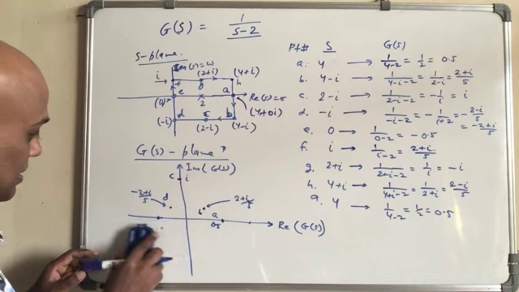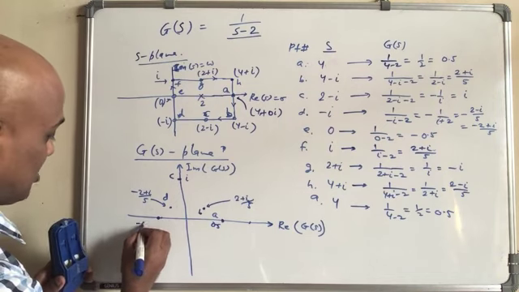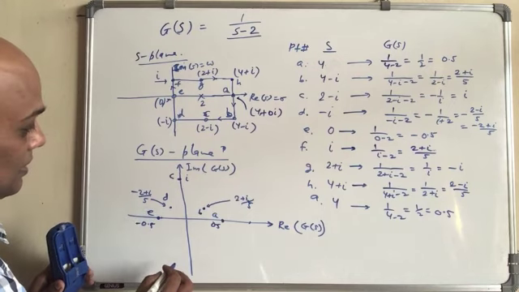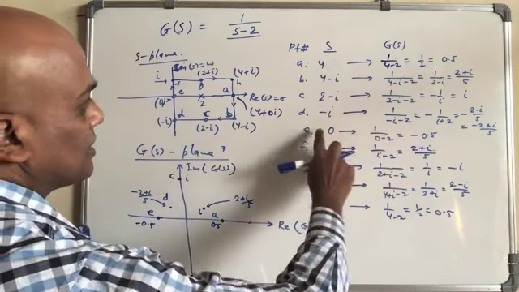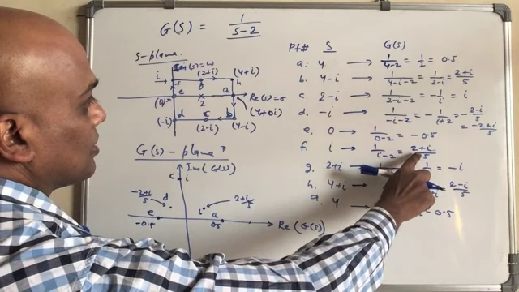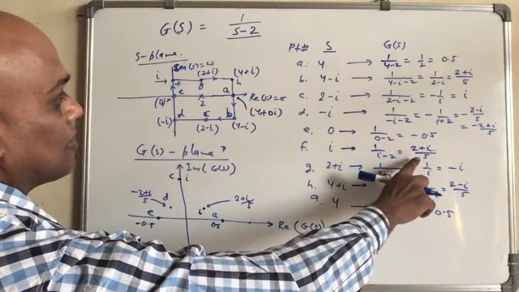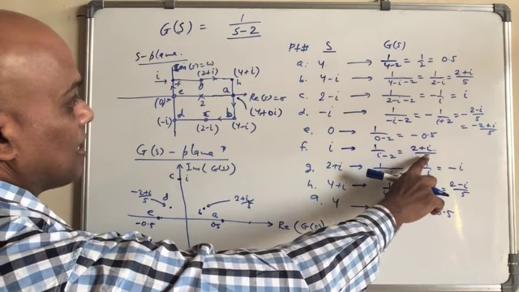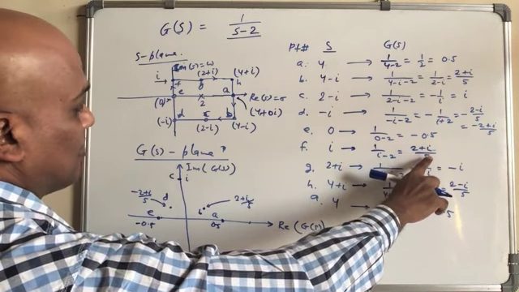Let's write it: minus 0.5 is here, and the point is E. Okay, and after that, E is done. Now F. F we have 2 plus I over 5.